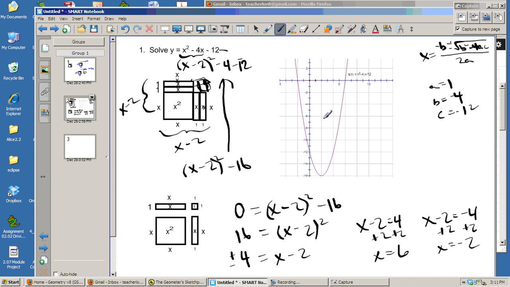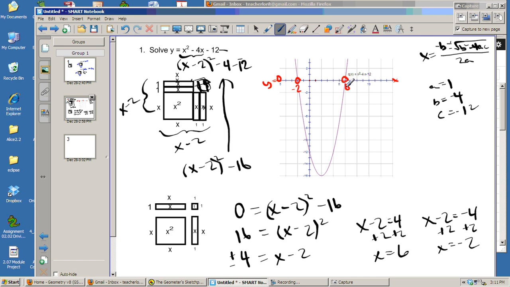When I graph it, you'll also see that I have two places where it crosses the x-axis, and that's where y equals 0. And so that's what I'm looking for, where y equals 0, which is on the x-axis. And those 2 points, of course, because we already know this because we solved it, are negative 2 and positive 6.